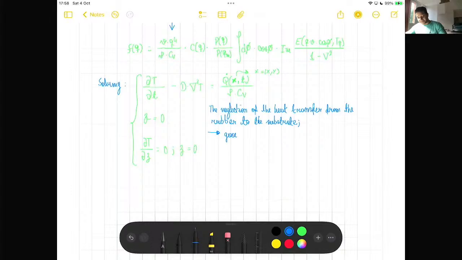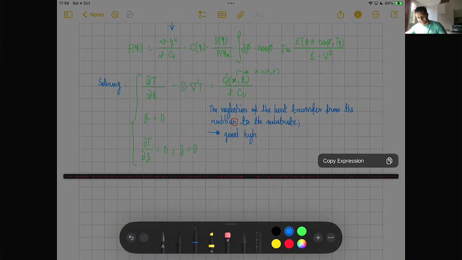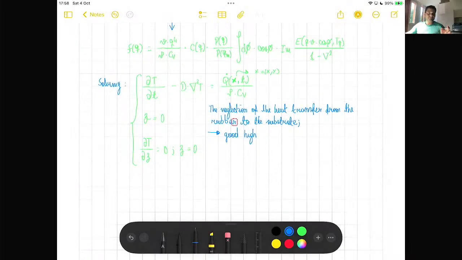Good for high sliding velocities, which is quite obvious.